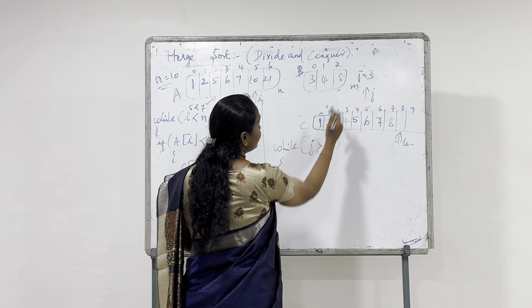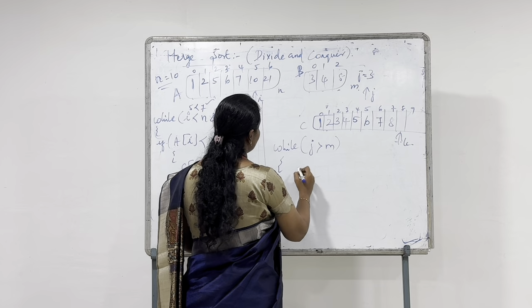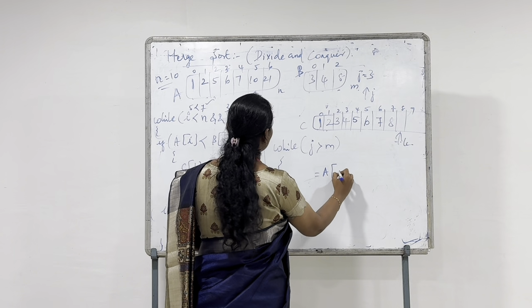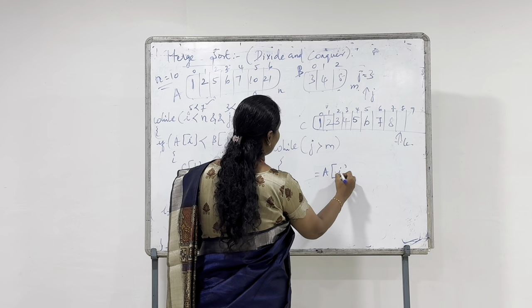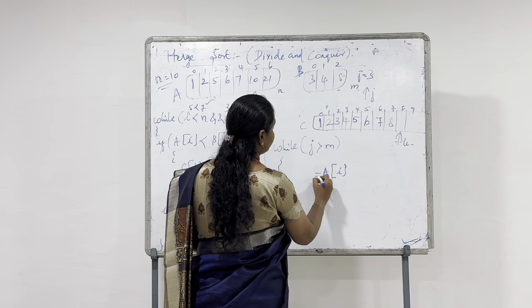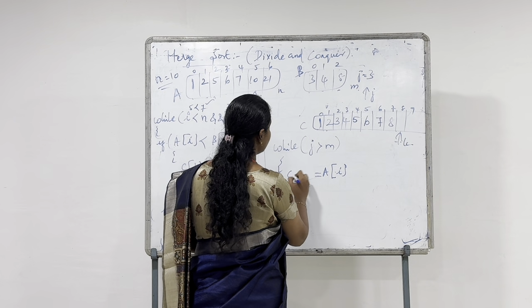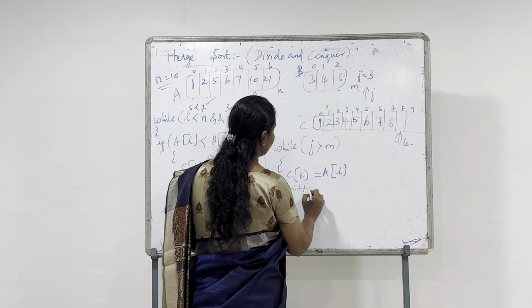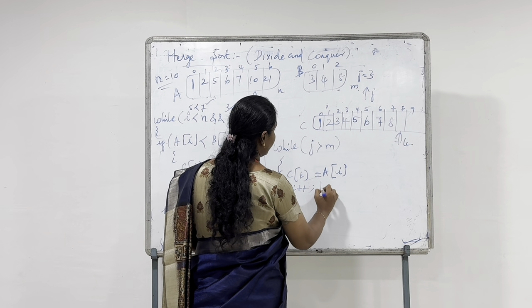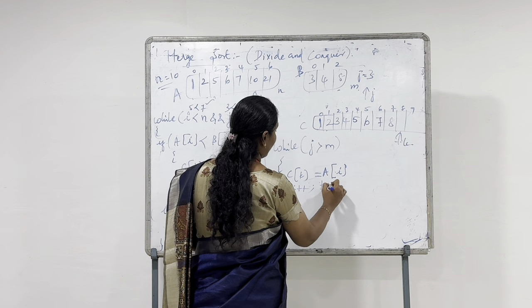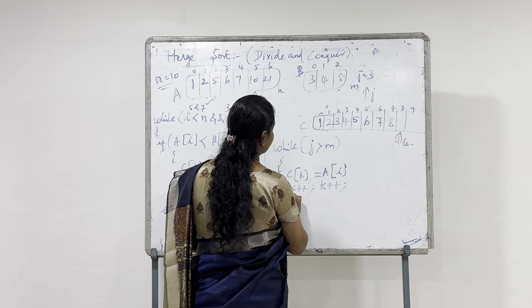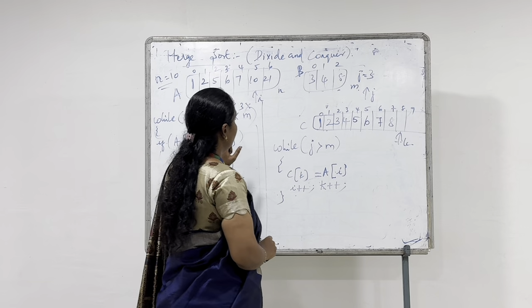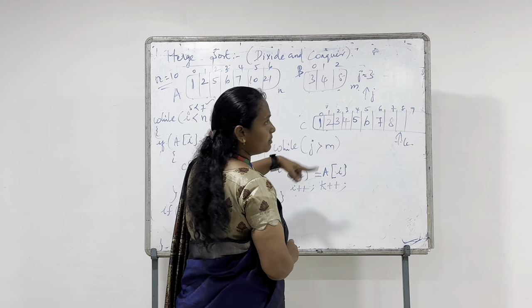So if J is greater than M, we are going to move elements of A of I to C of K. I plus plus and then K plus plus.